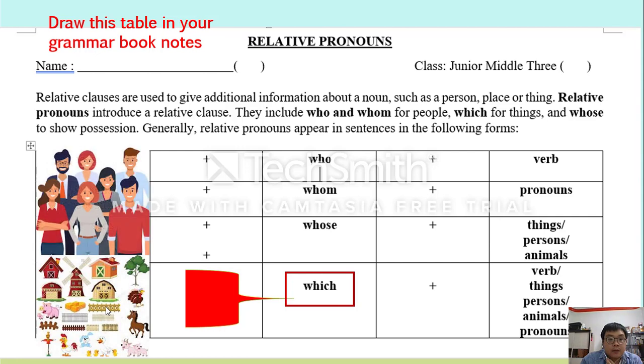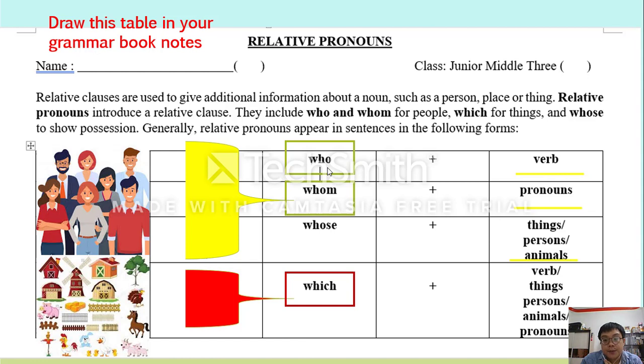Now, if I see a person before the answer, then I may have three possible answers, which is who, whom, or whose. So I have to check the word after the answer. If I see a verb, my answer is who. If I see a pronoun, I, you, we, they, he, she, it, my answer is whom. If I see things, persons, or animals, my answer should be whose.